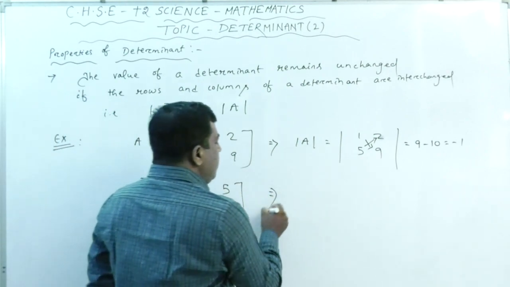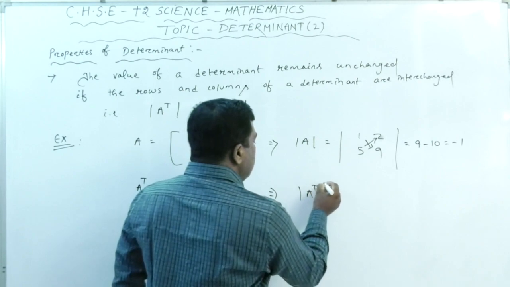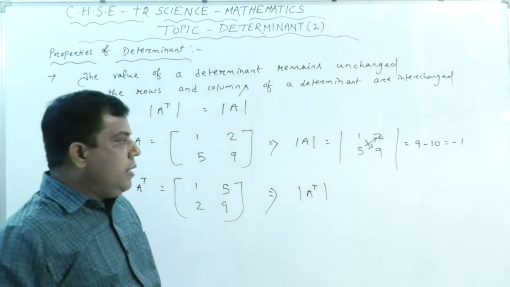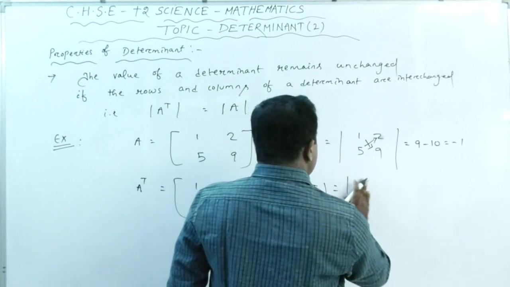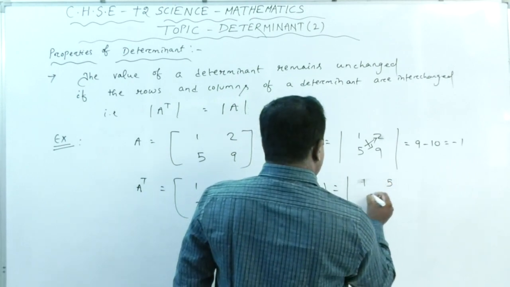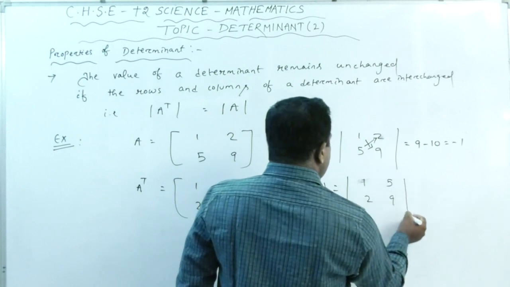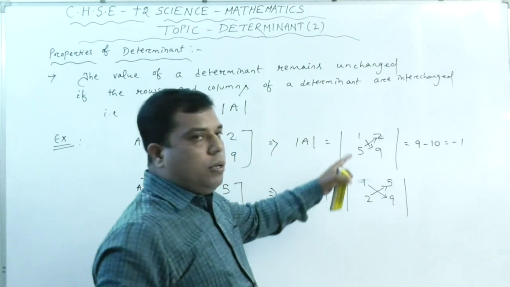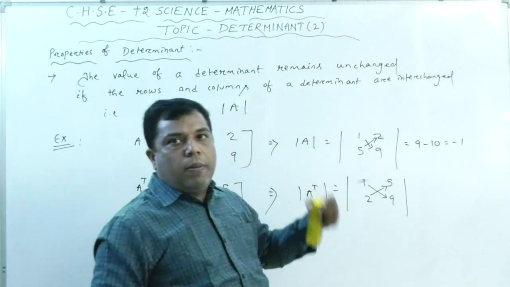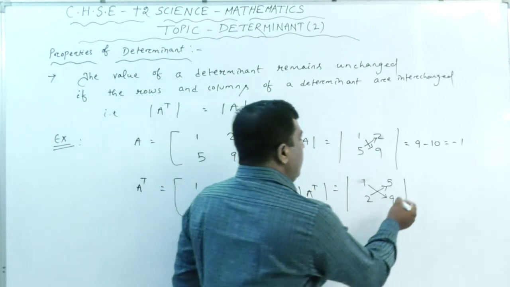Now what is the determinant value of the transpose matrix? The determinant is 1 5 2 9, and we can evaluate it. Though the formats are different, you see the value is the same.